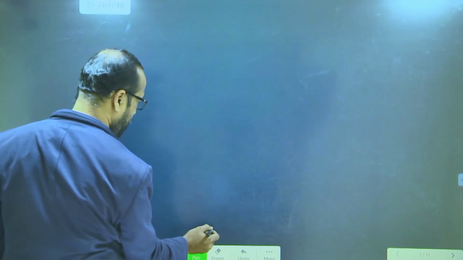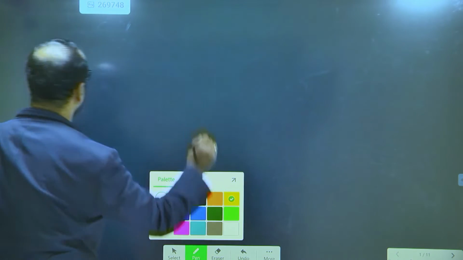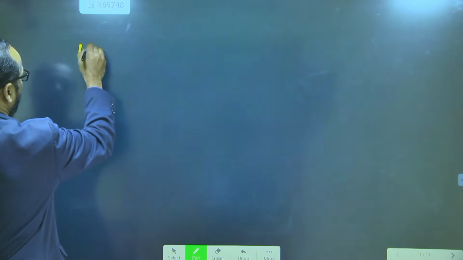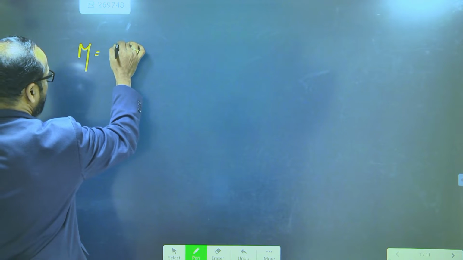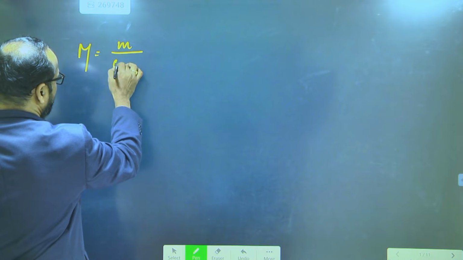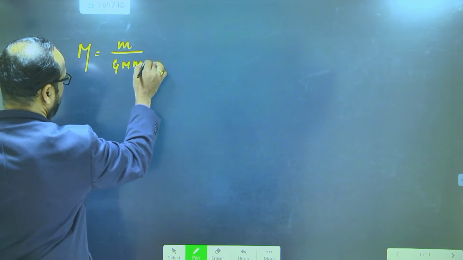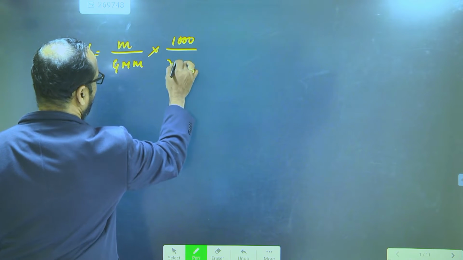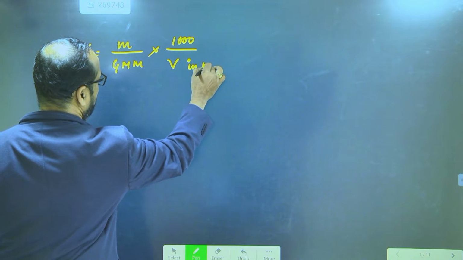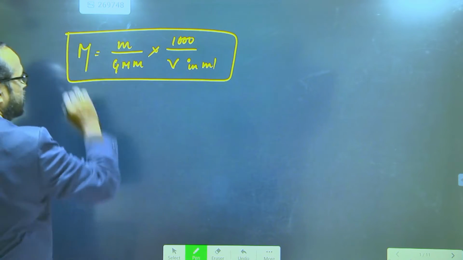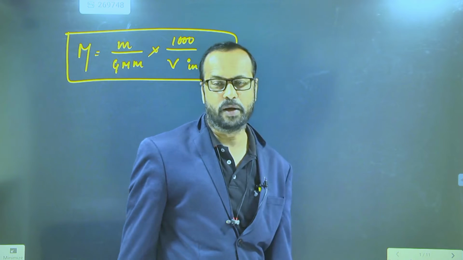So molarity is equal to the number of moles of solute by volume of solution in liters, or in a simple way, molarity is equal to mass of solute by gram molecular mass, into 1000, by volume in ml. This formula we use to solve the problem. Of course, we have three formulas, but most probably we use this one. Is this clear to you?